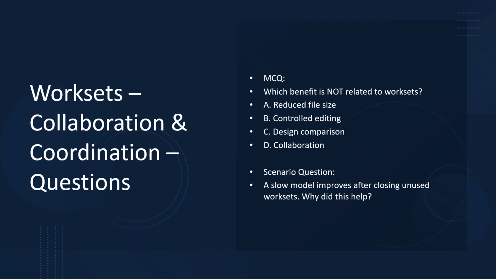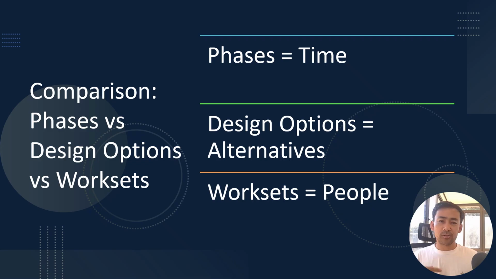Okay, let's go to the next topic. To sum up, first we compare phases versus design options and worksets. We said phases are used to manage time, the sequence of the construction process.